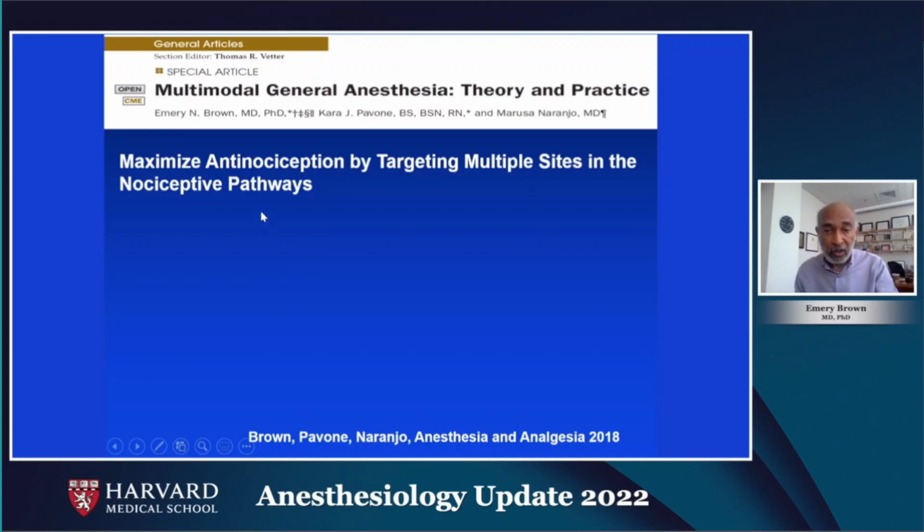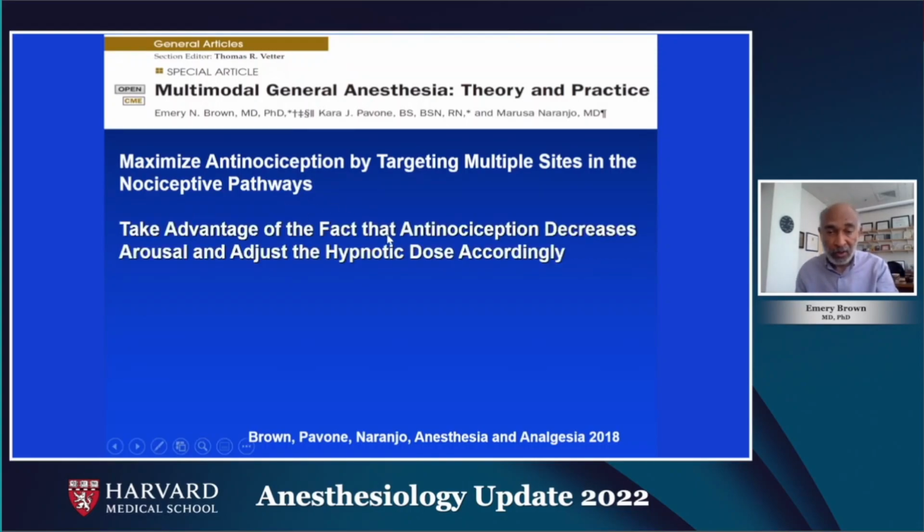And we figured that the first thing you should try to do when you think about giving anesthesia is think about controlling nociception and picking more than one drug to target the nociceptive pathways. If you do that, then those drugs will decrease arousal. And what that means is you can adjust the hypnotic dose, the dose of propofol or sevoflurane that you're using, downward. You can achieve the same level of unconsciousness with less of those drugs.